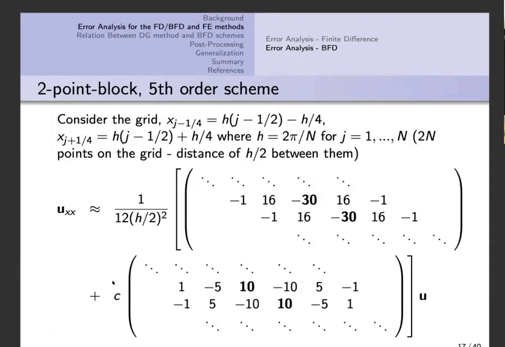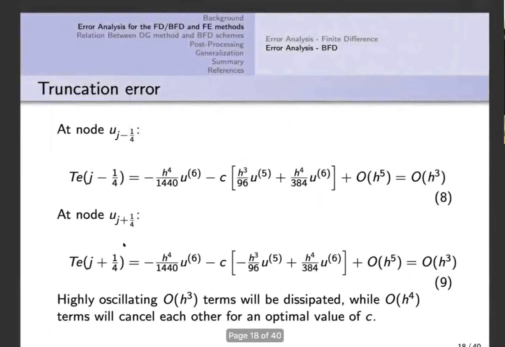So this is the C that we are going to try and optimize. This scheme has been built on the requirement that we want the truncation error to be at least 3rd order. So this is what we are getting.